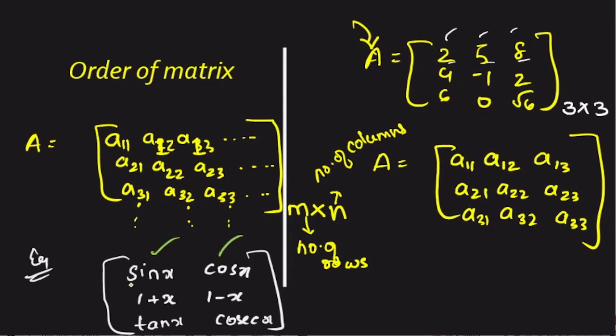How many rows? 1, 2, 3 rows are there. Correct? So it is a 3 into 2 matrix. 3 rows and 2 columns. Clear?